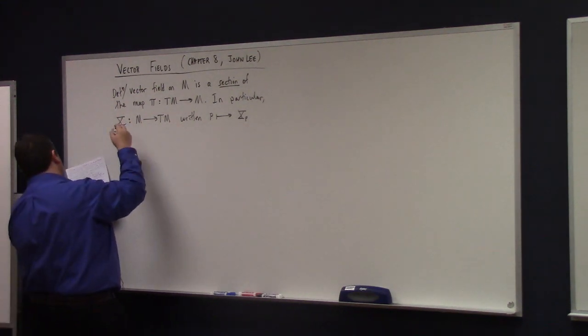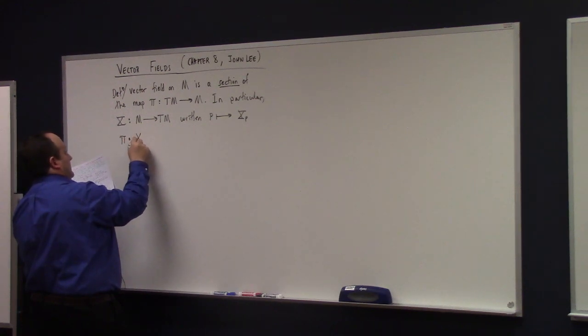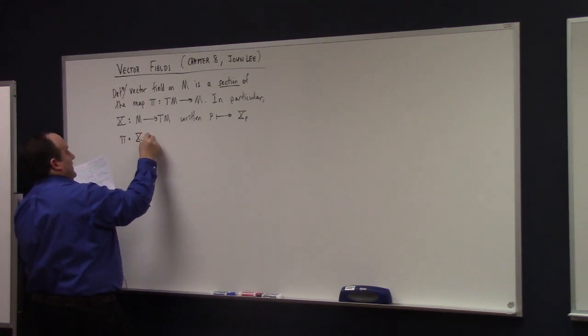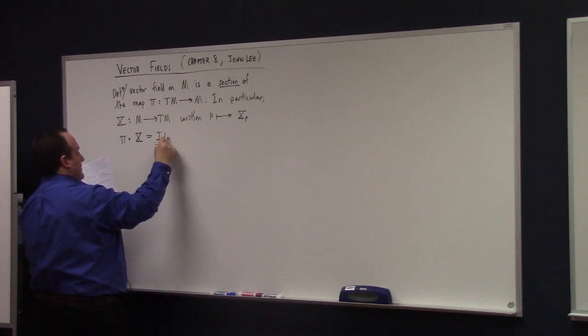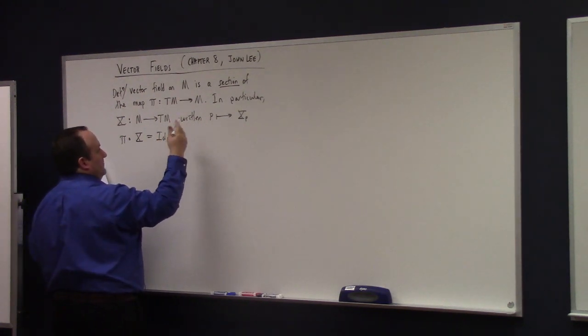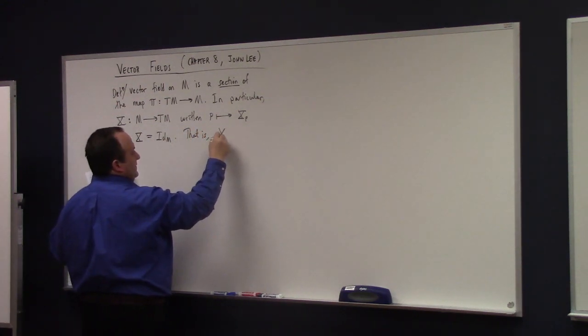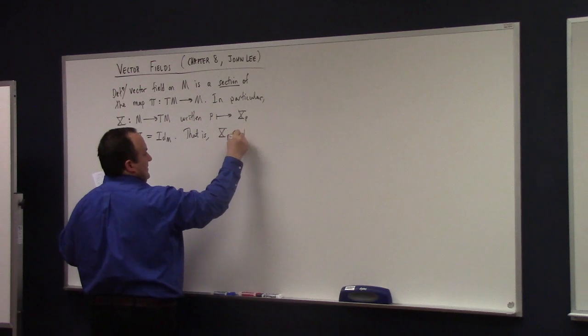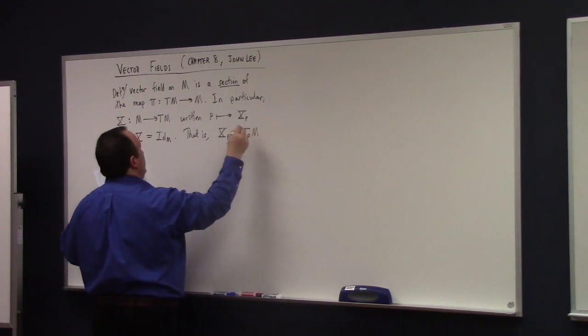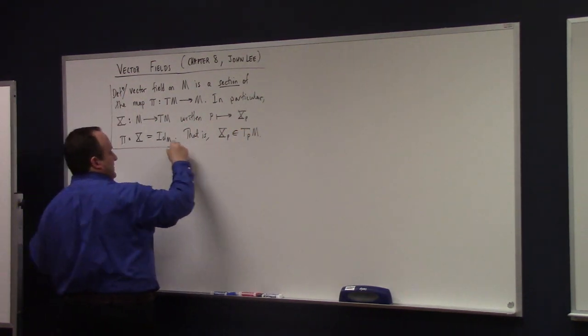And to say it's a section means the following. It just means that pi composed with X is equal to the identity on M. And really getting to the point that matters, X_p is an element of the tangent space at p to M. Now that's probably the part that will make the most sense to you guys at the moment.